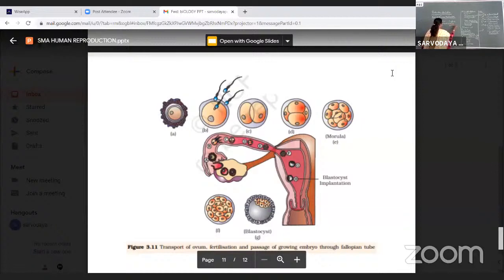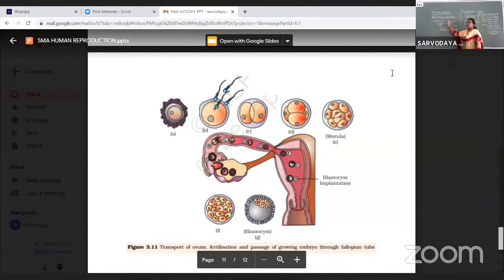So the initiation of the parturition is going to induce mild contraction. What is this called? It is referred to as the fetal ejection reflex. What is ejection? Release, expelling out. Ejection means expelling out.